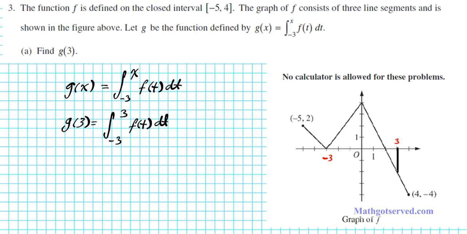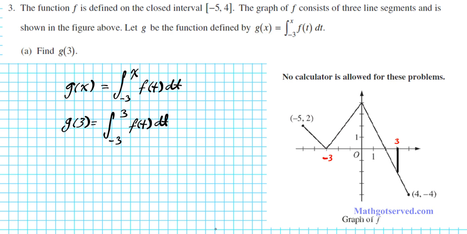So if you examine this region, what you find out is that we have two triangles here. The first triangle, let's call it the blue triangle, goes from -3 to 2. I'm stopping there because this triangle is above the x-axis.